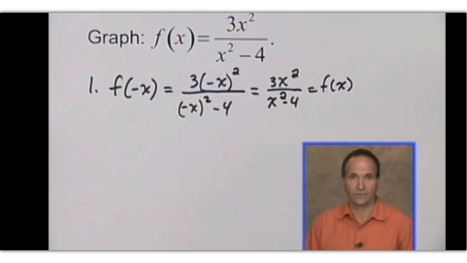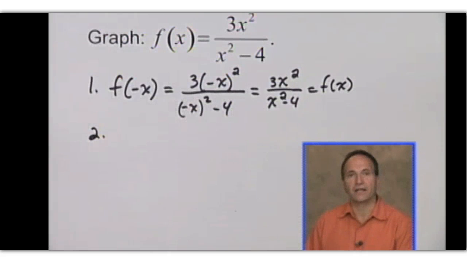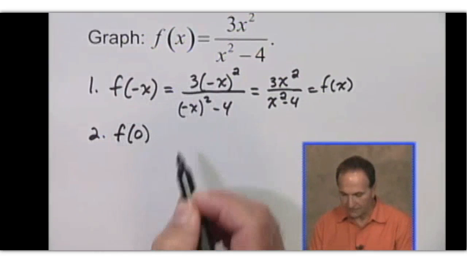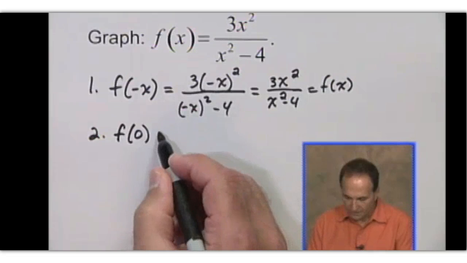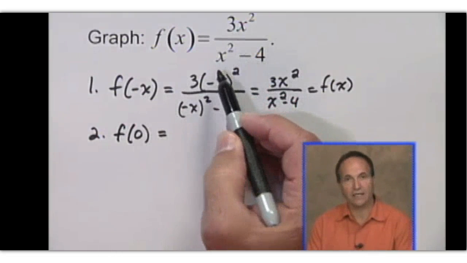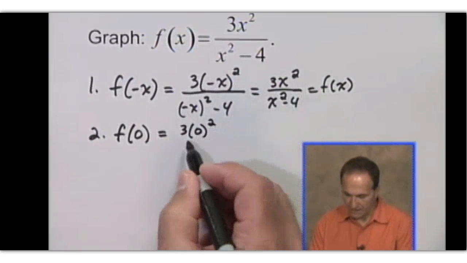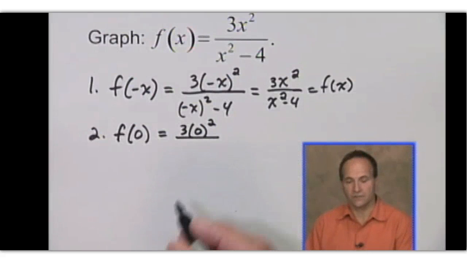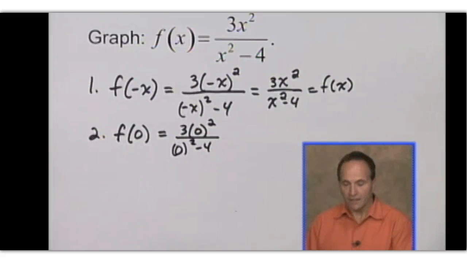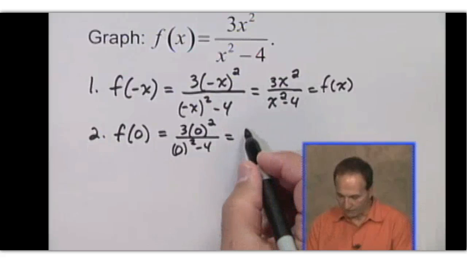And let's continue. Now, step 2 is to find the y-intercept. And remember, that means we evaluate f of 0. That means substituting 0 in place of x here and here. So we would have 3 times 0 squared divided by 0 squared minus 4. In the numerator, 0 squared is 0 times 3 is 0.